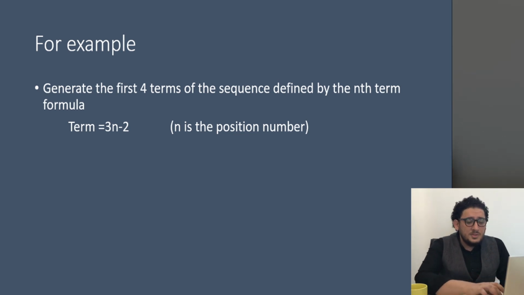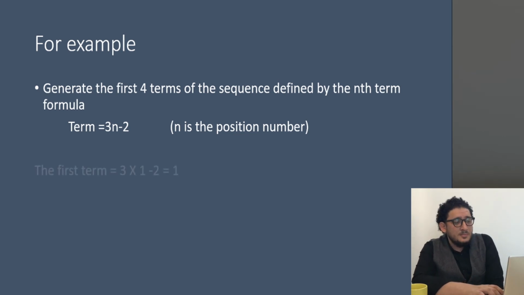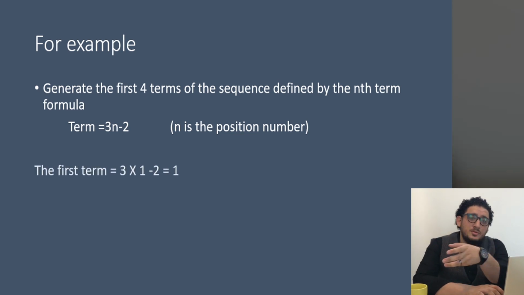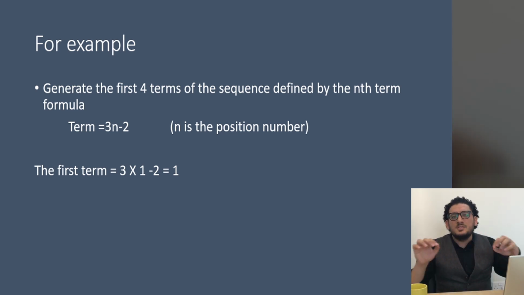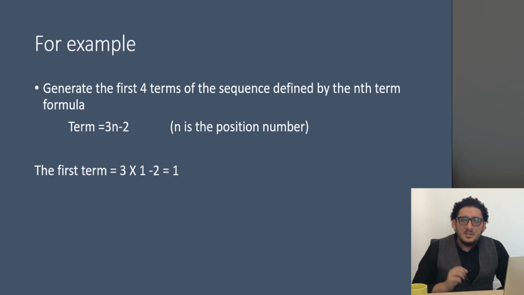So if we want to find the first term, then we will substitute n with 1. It will be 3 multiplied by 1, then subtract 2. And here I want you to remember something: the order of operations in math. If we have one mathematical sentence, and in this sentence you have, for example, multiplication and adding, you will start with what?